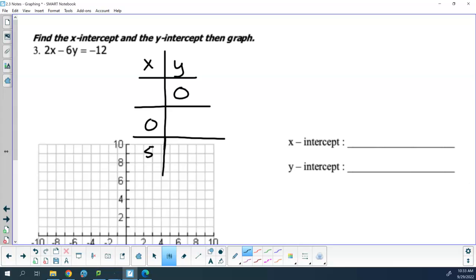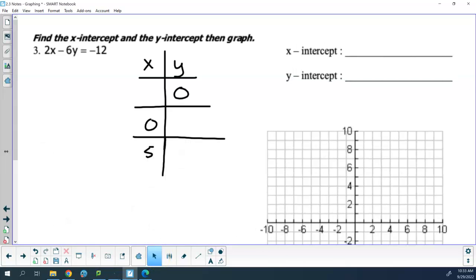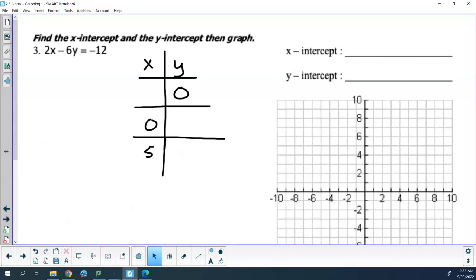So now what we've got to do is move some stuff around. We've got to plug in y is 0. Well, if I plug in y is 0 here, that means that this term right there goes away.